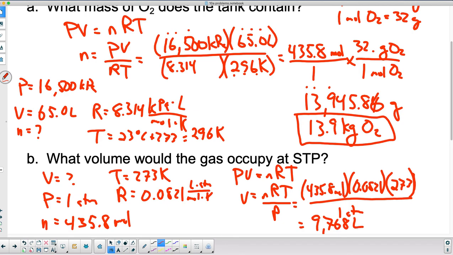I probably shouldn't go 4 places. It should probably be 9,770 liters. Good.